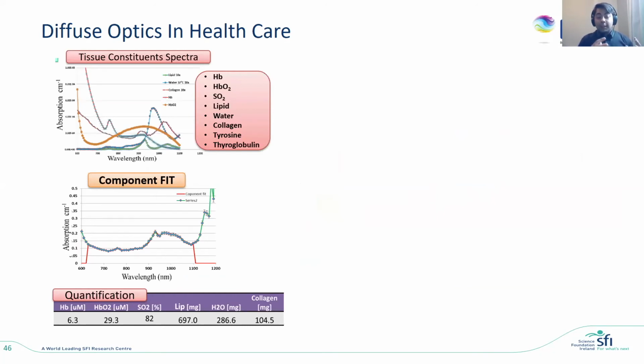And usually diagnosis and all the applications, most of them will be based on the tissue constituents, and these would be not only blood and water. We can have a biochemical profile of lipid, collagen, tyrosine, or thyroglobulin.